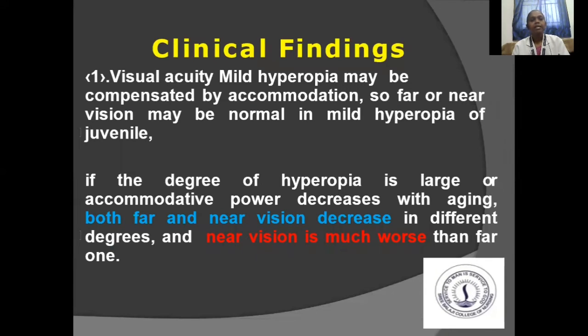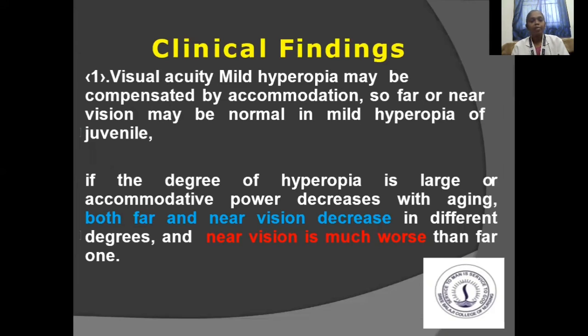Next, we will see the clinical findings, or clinical manifestations, of hypermetropia. Visual acuity with mild hyperopia may be compensated by accommodation. So near vision may be normal in mild hyperopia of juveniles, especially among small children.